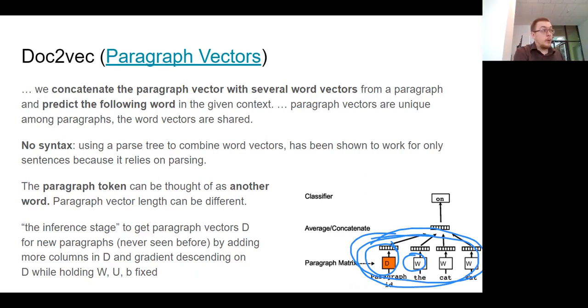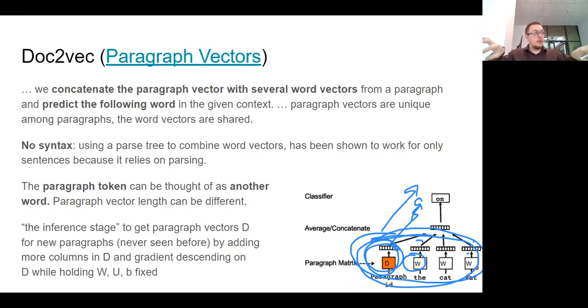We take the vector of paragraph, and this vector will influence the prediction. So in one paragraph it will predict one word, in the other paragraph it will predict another word. For example, one text is about the United States, one text is about Russia, and here are the words "the president of". This paragraph vector will lead to predicting Russia, and the other vector will lead to predicting USA.